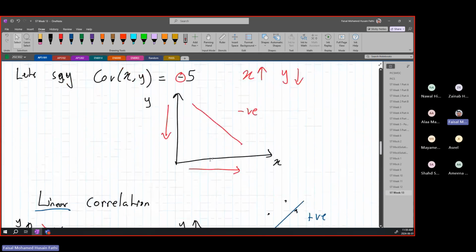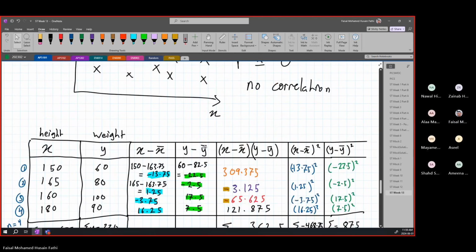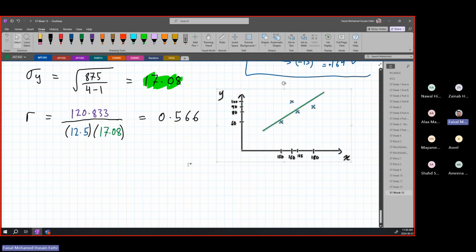If you remember the graph, if I can bring it back down here, this was the graph that we had earlier. So if you notice, the points are somewhat close to the line, but are a little bit scattered as well. But there is some sort of increasing value for it. All right.